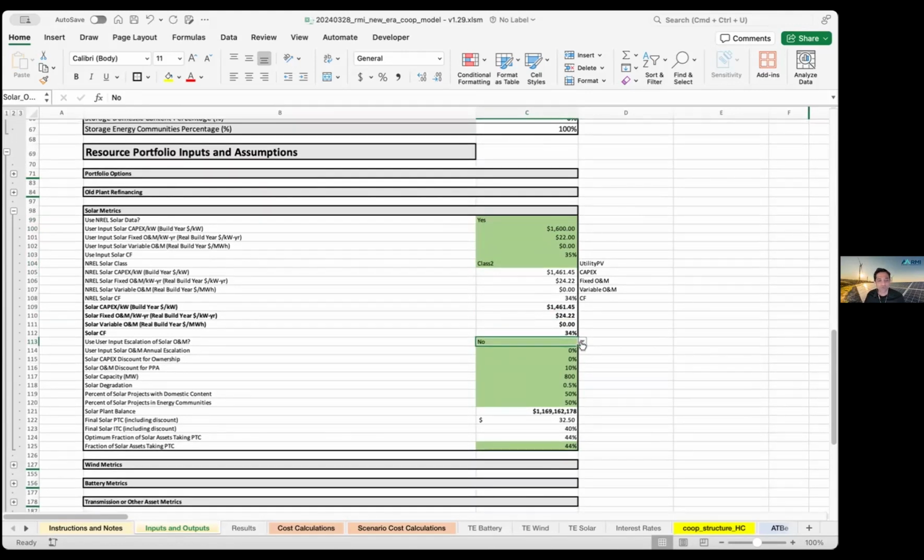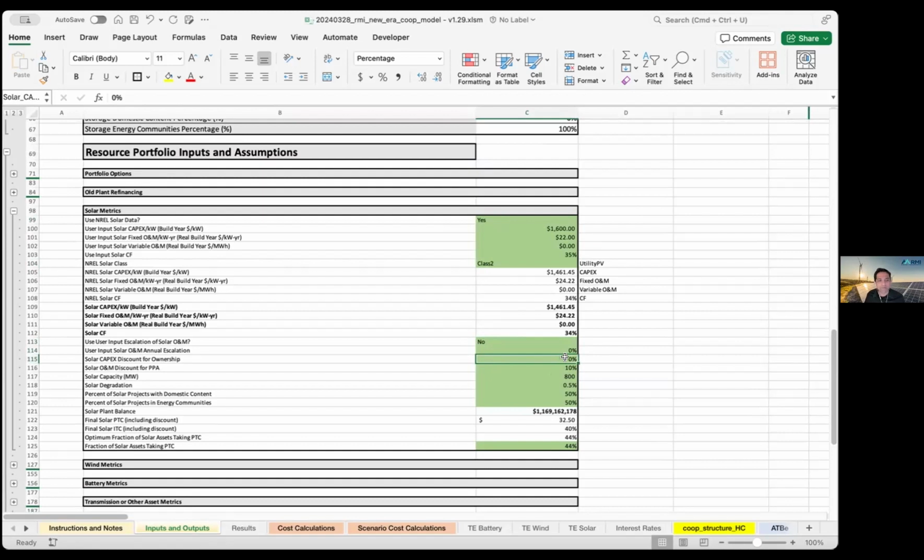You can also choose to input a user-defined escalation of O&M costs if you'd rather not use just expected inflation, which is what is assumed by the model. And you can include that escalation factor directly in this section of the model.